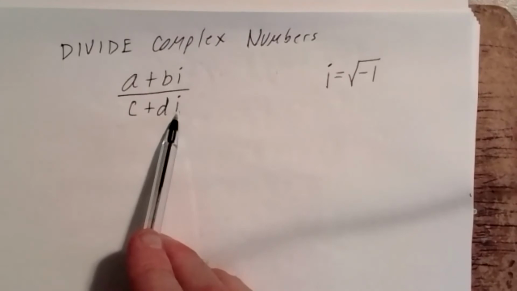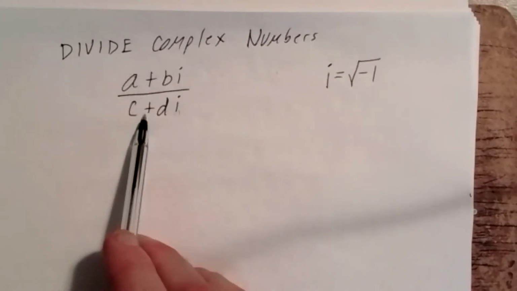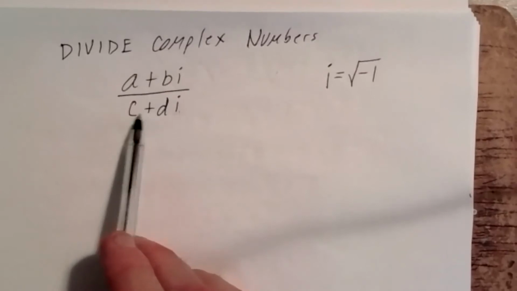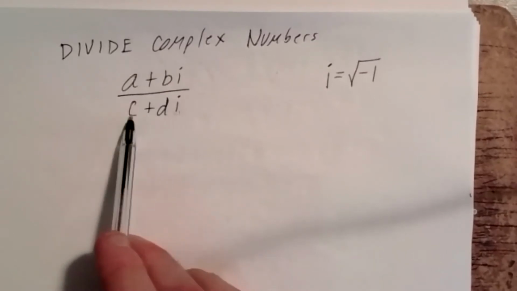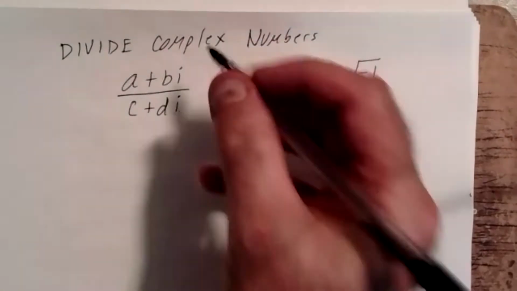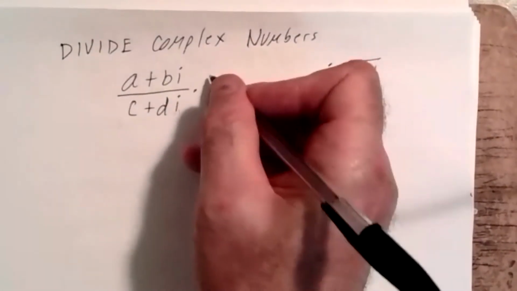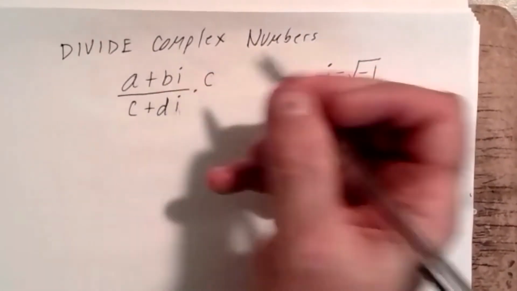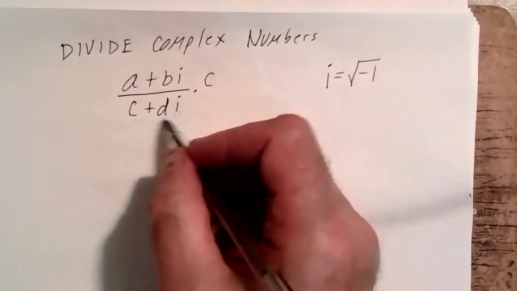The only thing that's going to knock this i out in our denominator is multiplying the top and bottom of this fraction by the complex conjugate of c plus di.